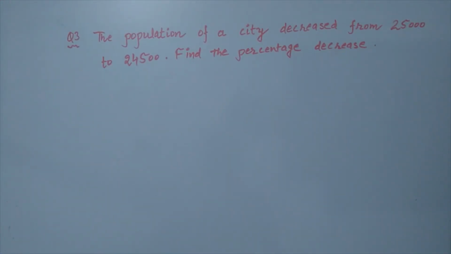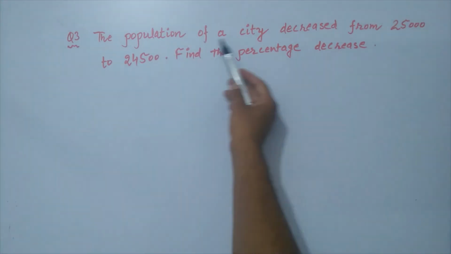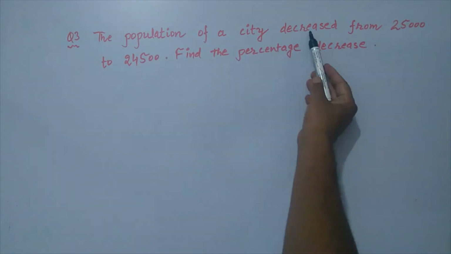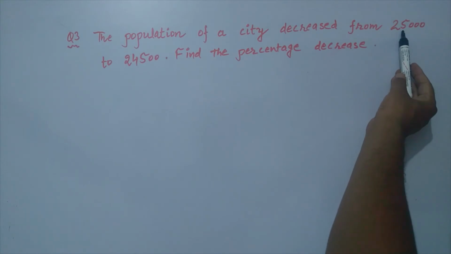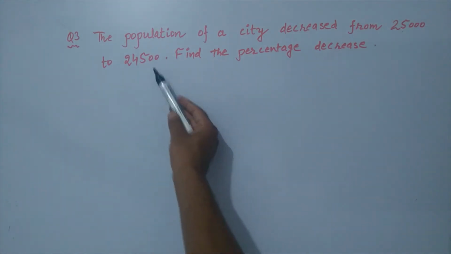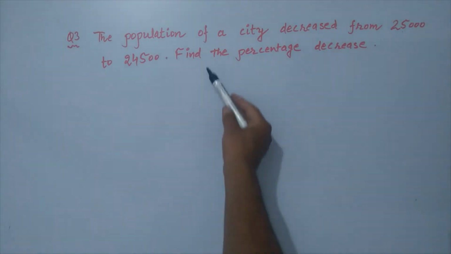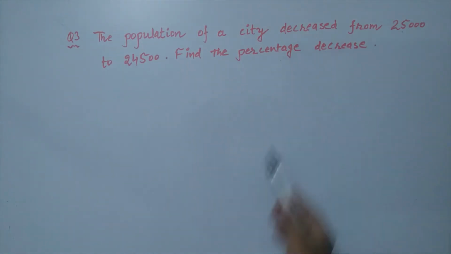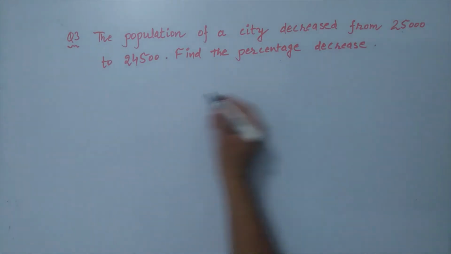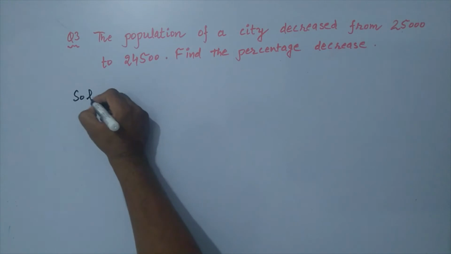Now we shall discuss question number 3. The population of a city decreased from 25,000 to 24,500. Find the percentage decrease. Here first of all what we see?